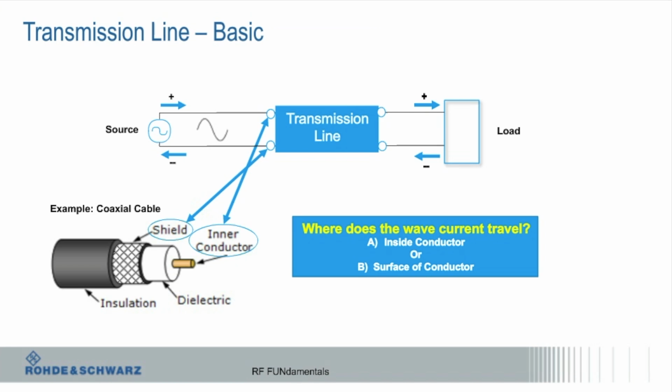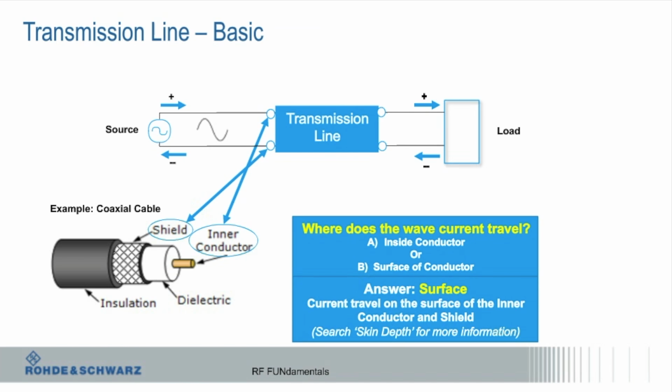Okay, so it goes on the surface. That's why you'll see a lot of times on transmission lines and more expensive cabling where they actually just have a thin layer of gold on it.